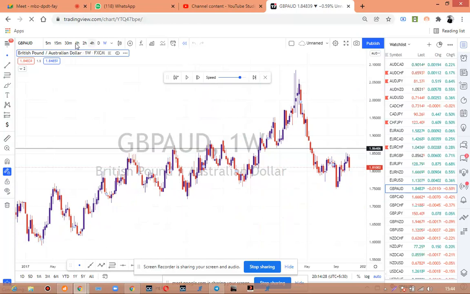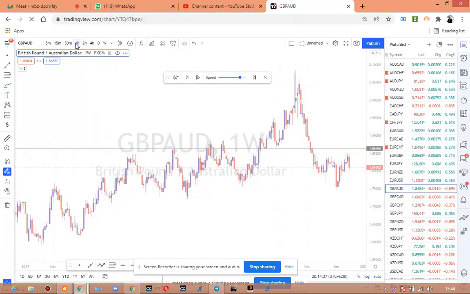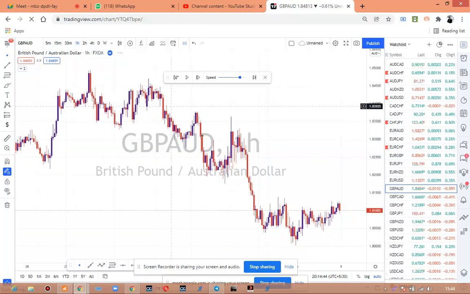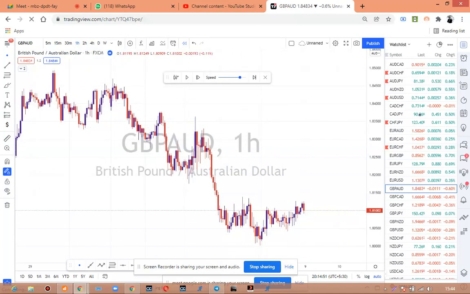Then switch to the 1 hour chart. So now let's start. We're going to start replaying the chart now and see the setup I was talking about, how it works, and how you can find a good entry and exit.